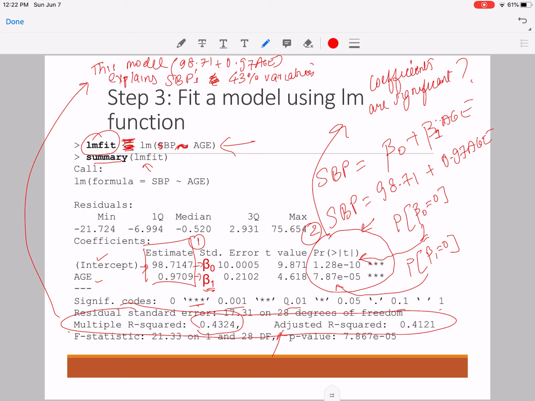For practical purposes, it is very small. So this model is explaining the variations in the systolic blood pressure only 43%, which is actually a small fraction.